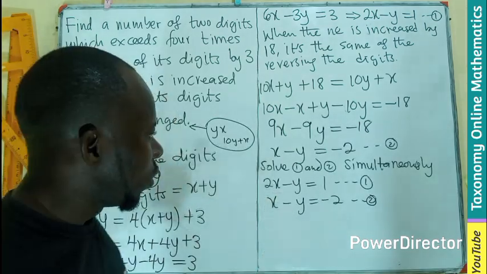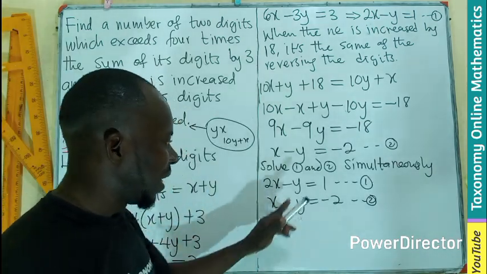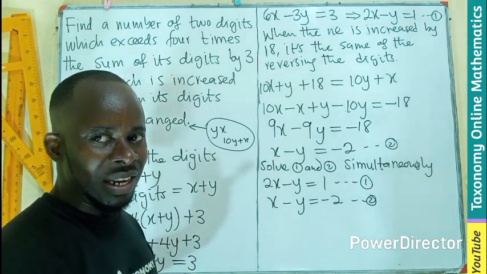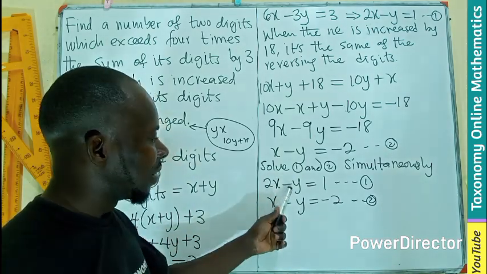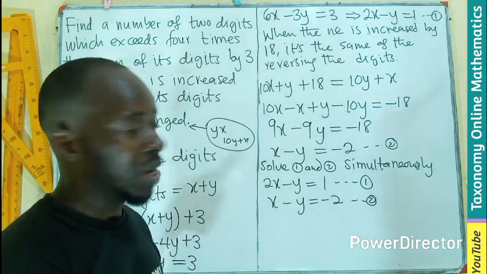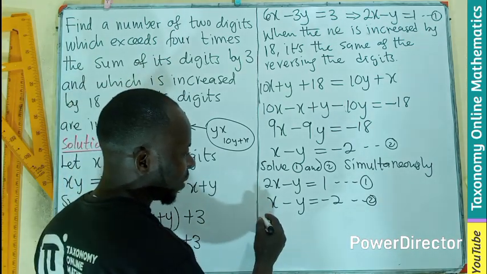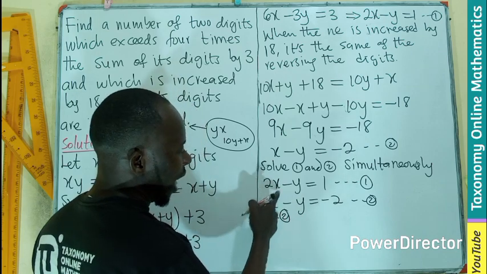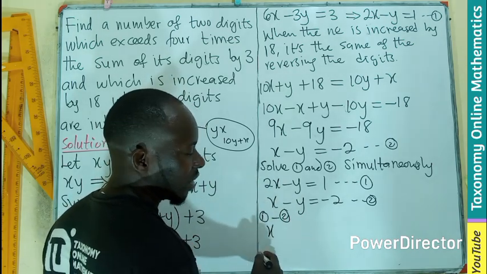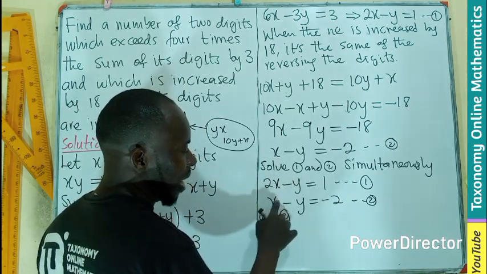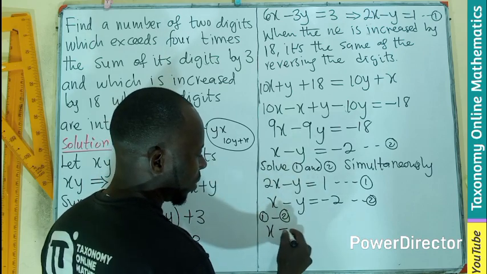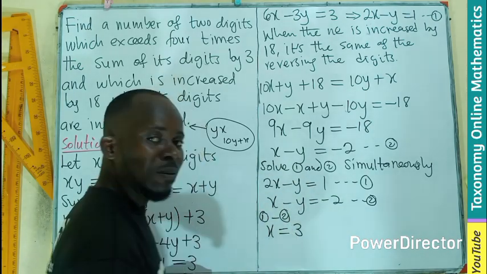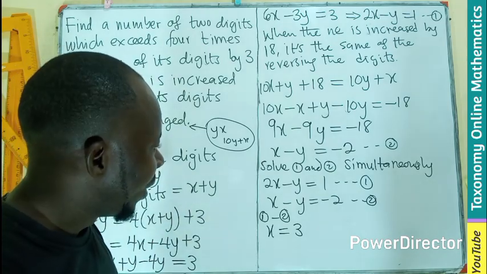So we need to solve equations 1 and 2 simultaneously. I can see the coefficient of y being the same, so I can easily eliminate y. Since the signs are the same, I perform subtraction. Equation 1 minus equation 2: 2x minus x gives x, minus y minus y is 0, and 1 minus negative 2 gives 3. So x is 3. We need y also.